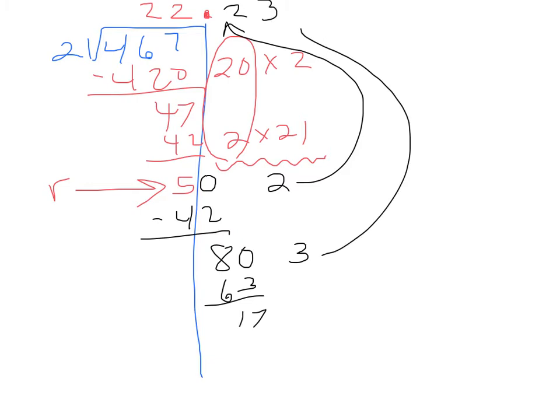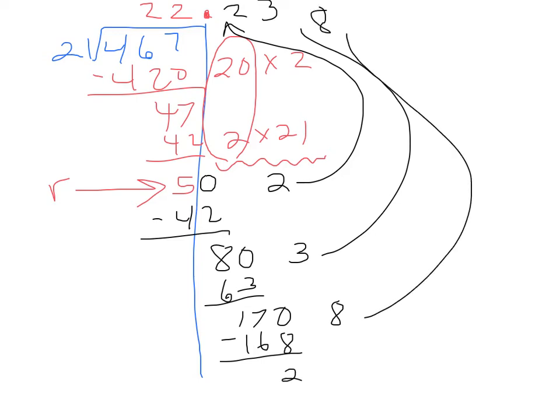So my 3 goes here. Now I'm going to put a 0. I'm going to guess that it's an 8. No, 8 would be too big, wouldn't it? Actually, 8 would be great. 21 times 8 is 168, and I get a remainder of 2.